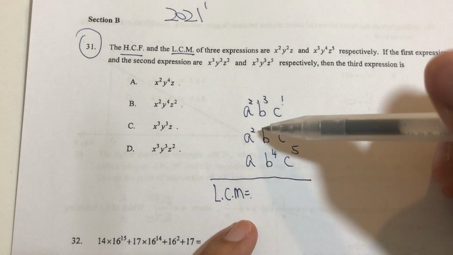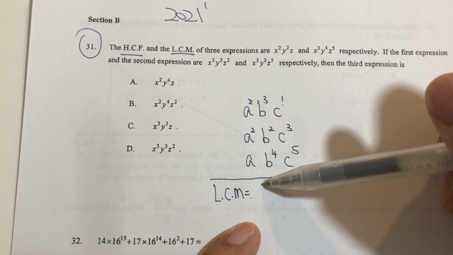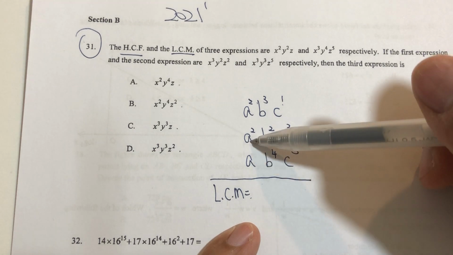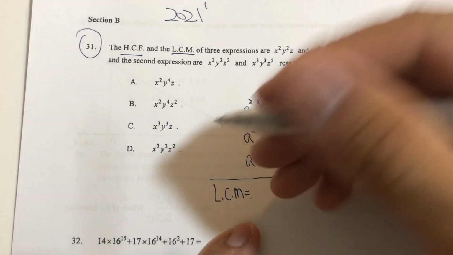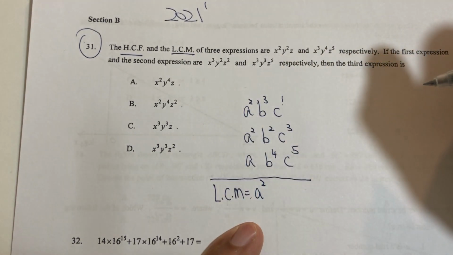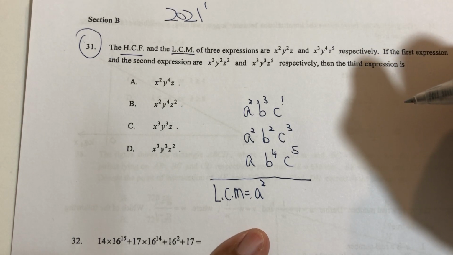LCM means that for each of the same letter, we need the highest power. So A to the power 1, A to the power 2, A to the power 2, the highest is 2. Therefore, it becomes A to the power 2.